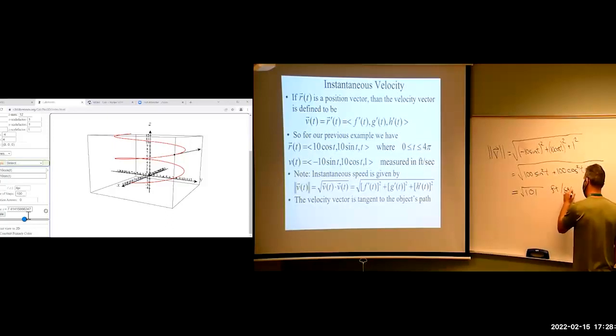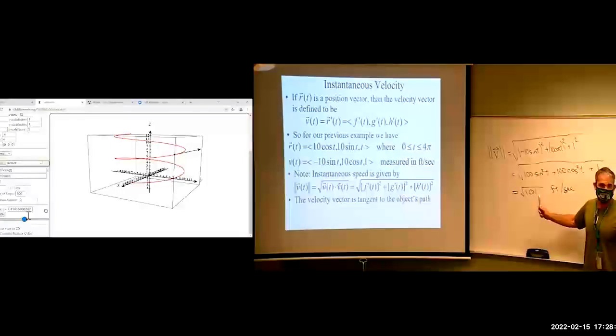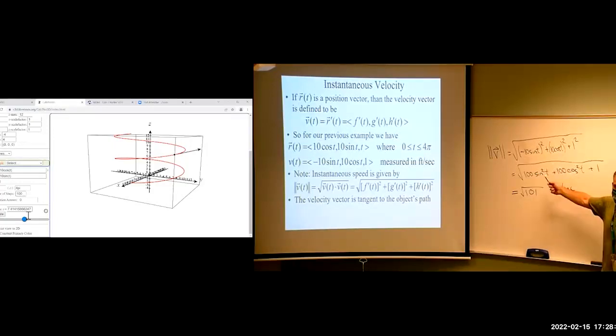Now there's something really cool to notice about this, and I'm going to point it out in the plot as well. Notice that our magnitude does not depend on t. This just happened to work out real nice for us. But this does not depend on t, which means that our speed is constant. But our velocity is not.